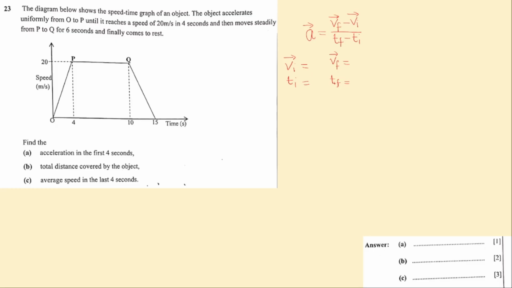Then we have the final time, or the time at the end of the interval, and T sub I is the time at the beginning or start of the interval.